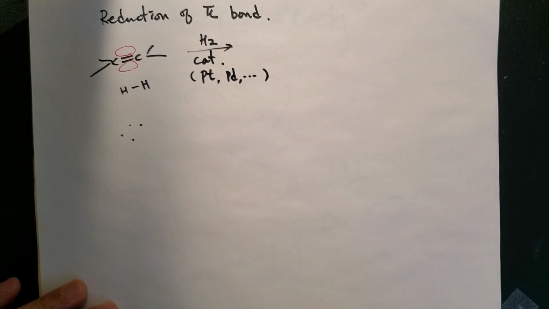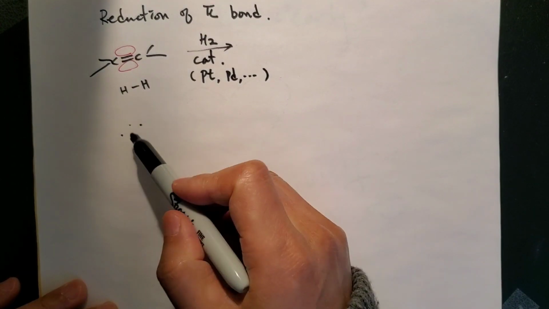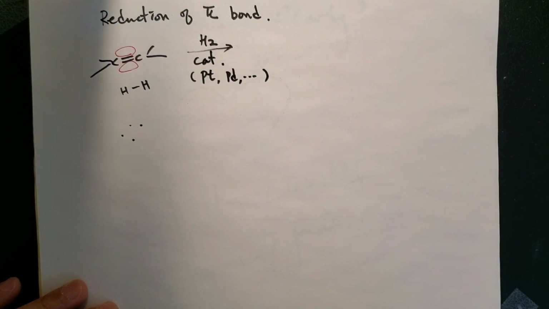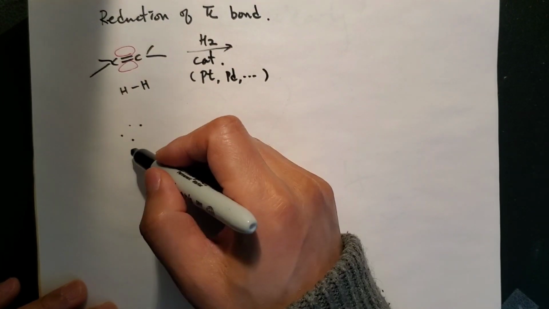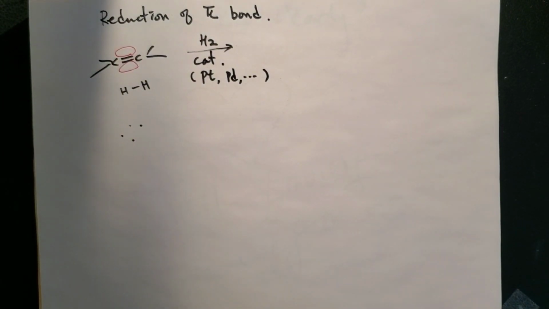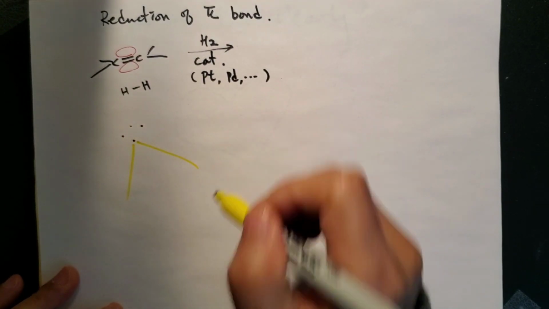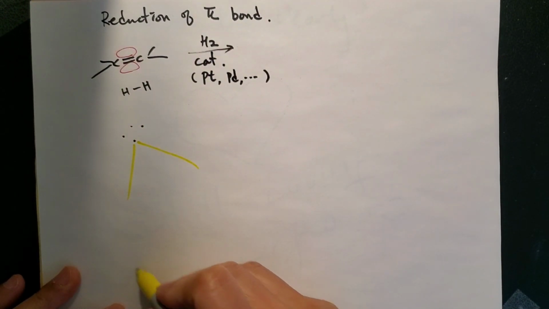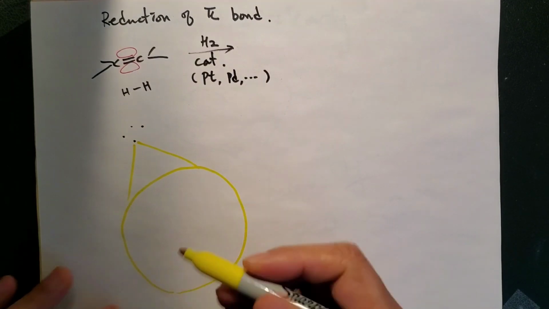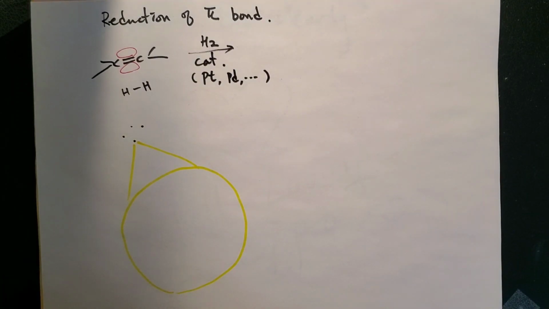Also, the double bond of the carbon will be sitting on the surface. So in order to explain the mechanism, I have to enlarge. So let's blow up the little particle. Say this is the big particle of whatever metal you choose.